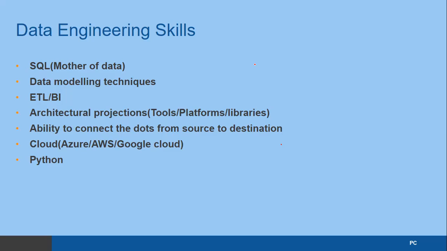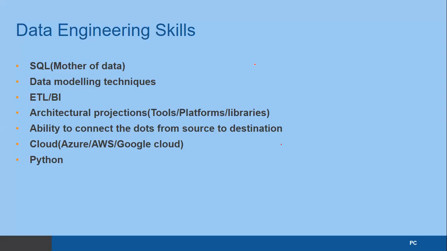And architecture projections. As explained in the previous slide, there are so many tools, libraries, and platforms. It's the architect and team who decide which tool needs to be used when. When you know each and every tool, its architecture and its usage, it's very easy for you to project.